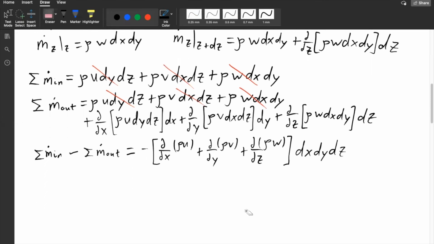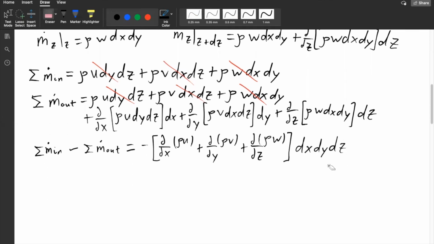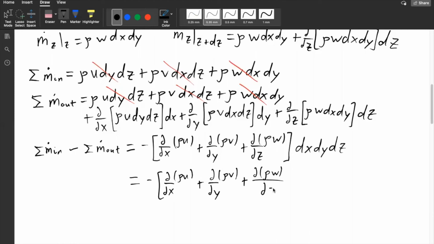And recall that dx, dy, dz equals the infinitesimal volume in the control volume. So this will, in fact, equal out to be the same thing: partial x rho u plus partial y rho v plus partial z rho w, dV.